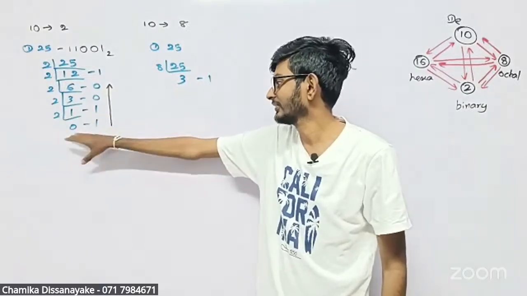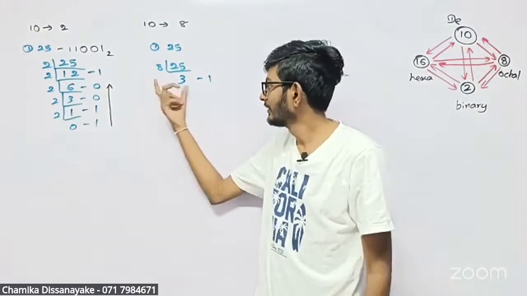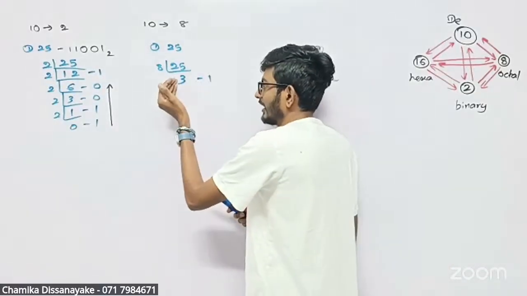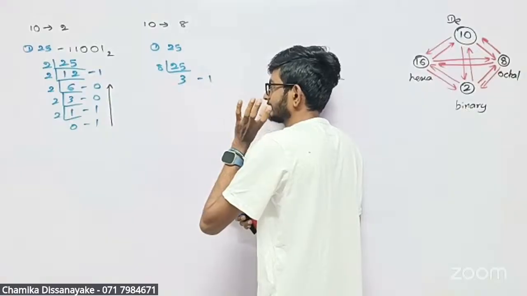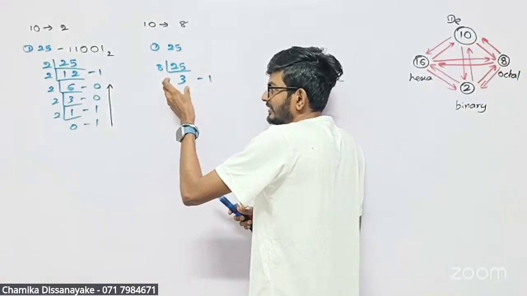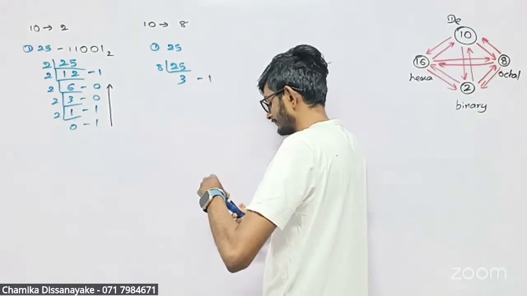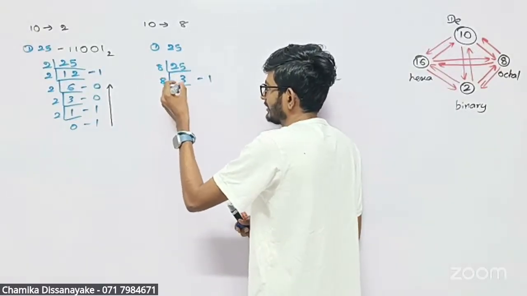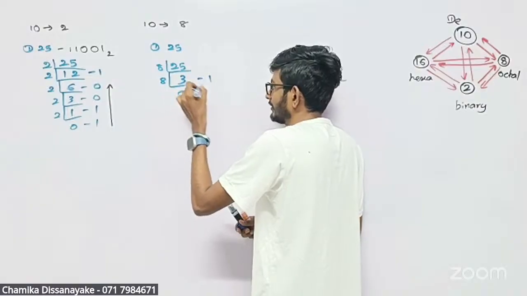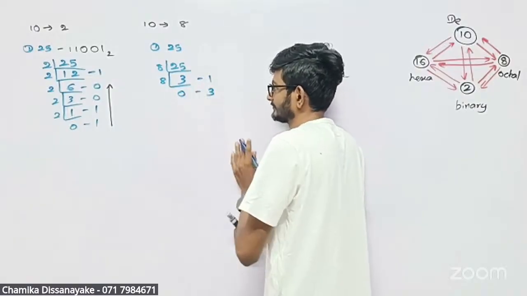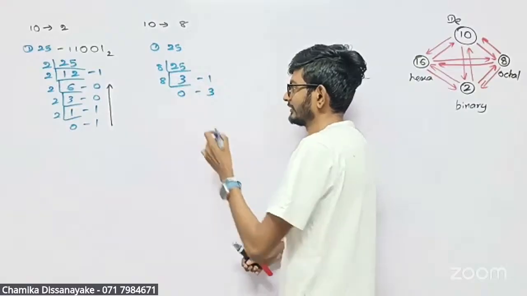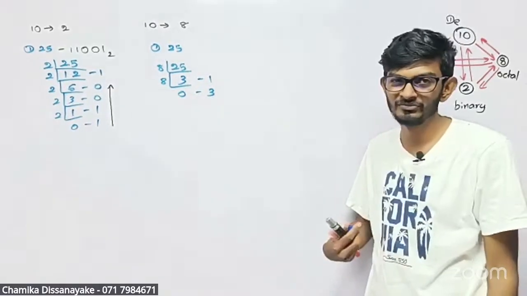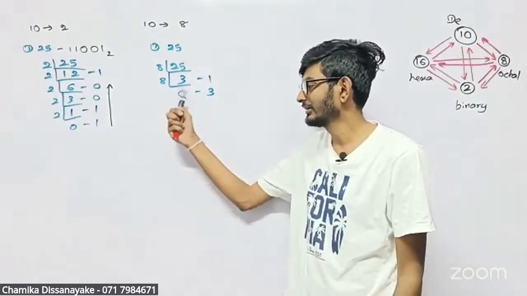But here you can see we have 3. When I divide this again by 8, we will have 0, and this 3 will come to the remainder place. That's the only difference when we divide again.